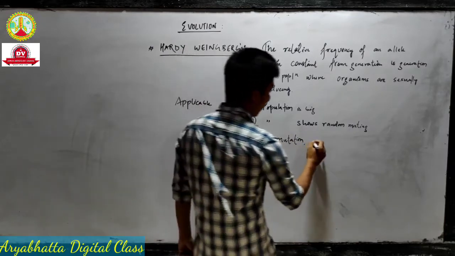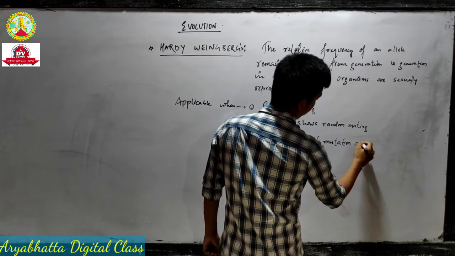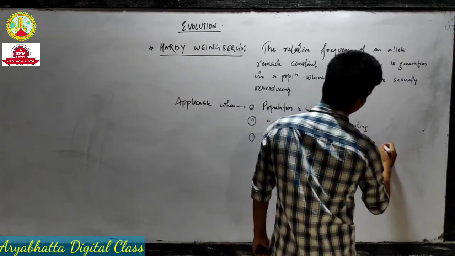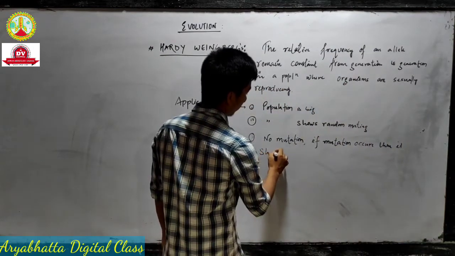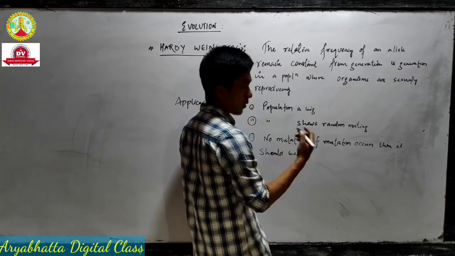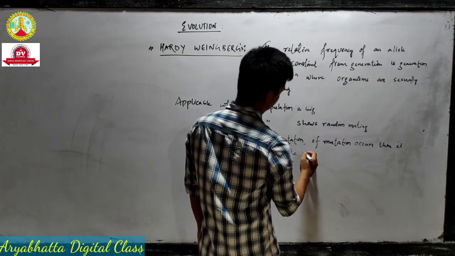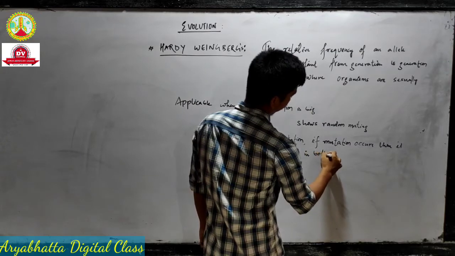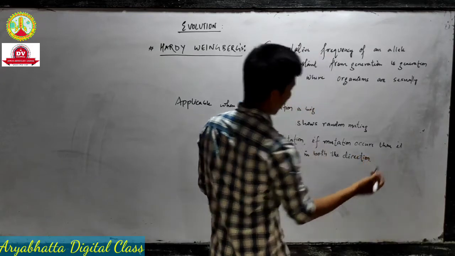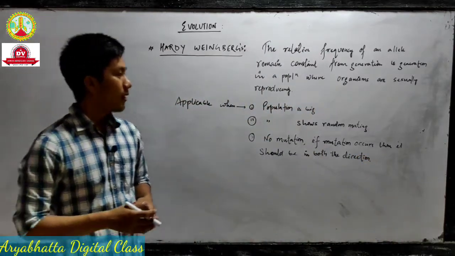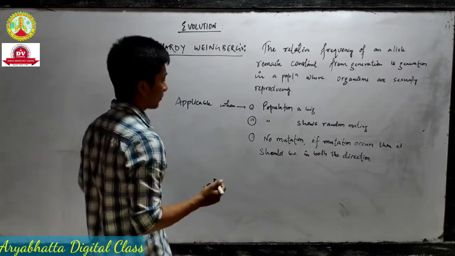If mutation occurs, then it should be in both directions. I shouldn't be writing all of this, but still I am writing. Okay? No mutation. If mutation, both directions. Number 4.